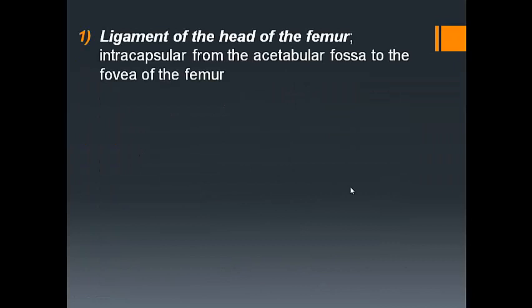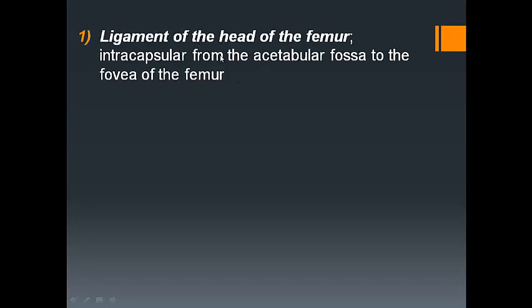So like I said, you have some ligaments that can be extracapsular or intracapsular depending on their location. If you remember in the previous picture, there was a ligament that passed between the head of the femur and the acetabulum. That ligament was called the ligament of the head of the femur.